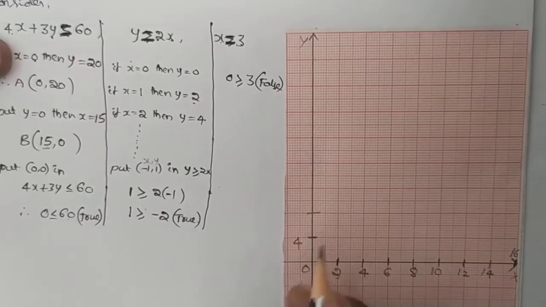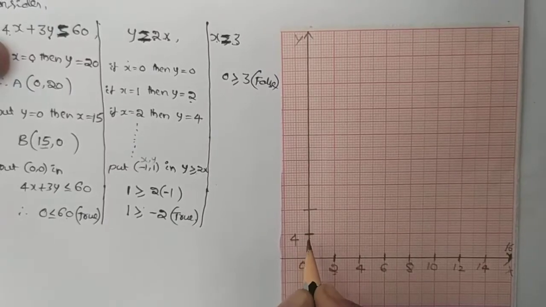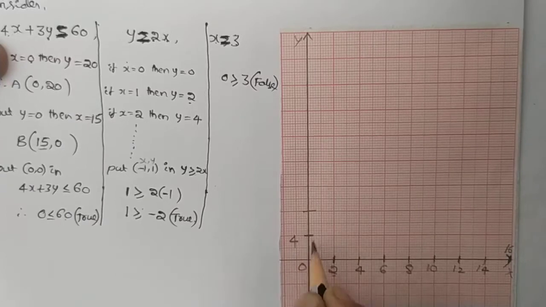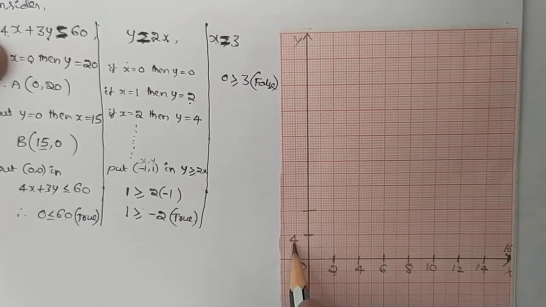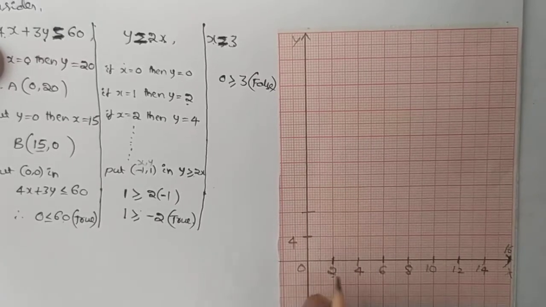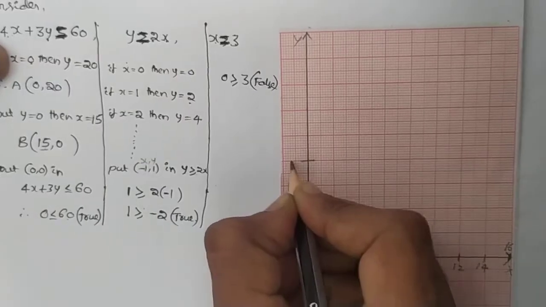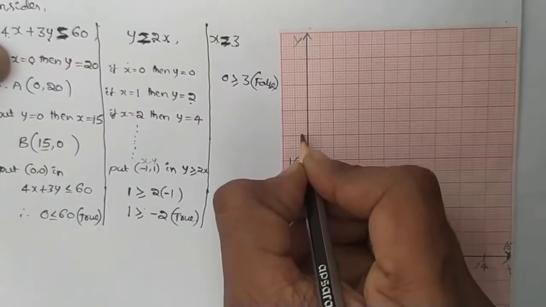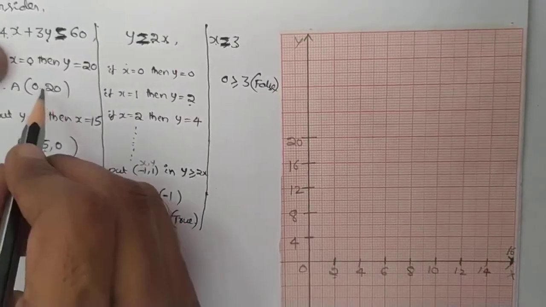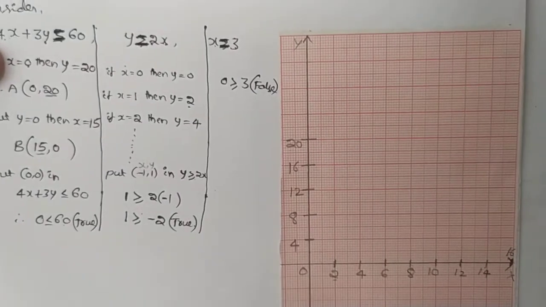I don't have so much space, so I am taking the big differences. On the y-axis I took 4 differences: 4, 8, 12, 16, 20, because I need 20 on the y-axis. Here we have the point 20. According to that I took it.